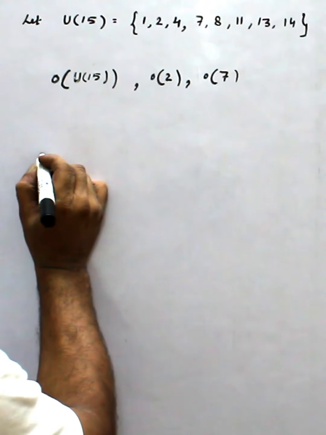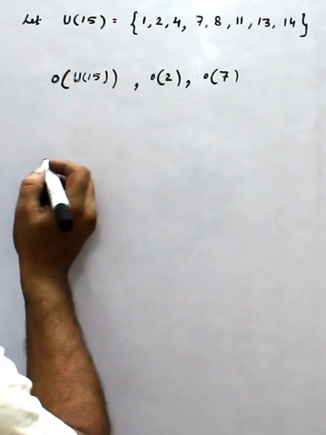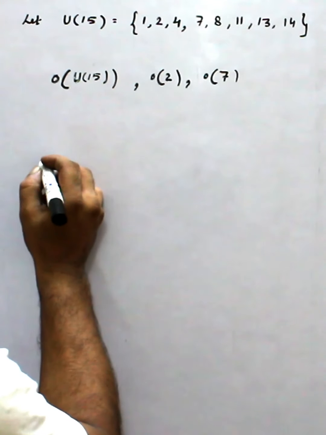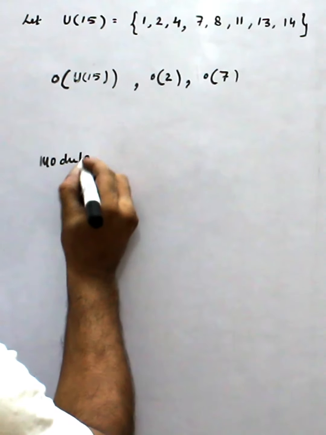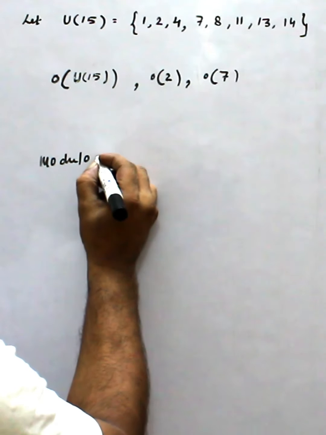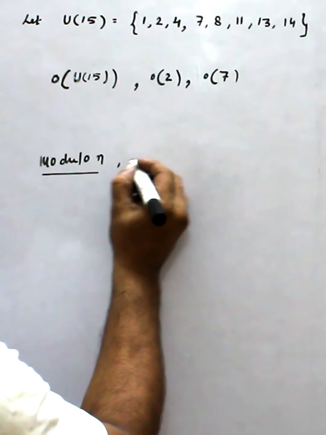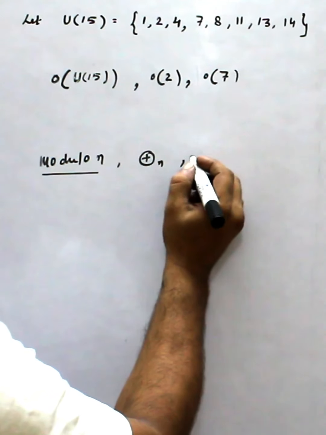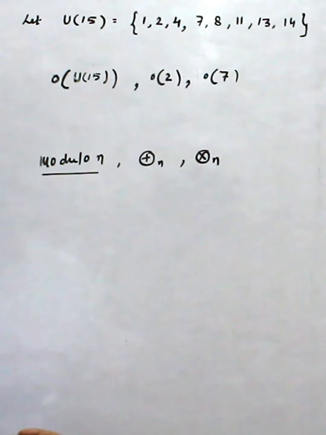First I tell you, there are two types of group with respect to modulo n. There are two operations I have already defined. One is addition modulo n and one is multiplication modulo n.